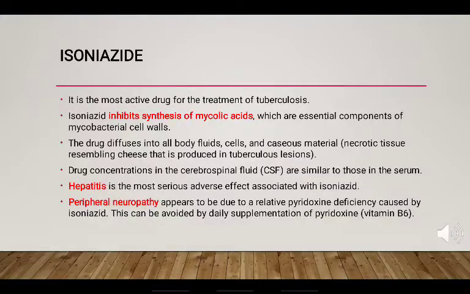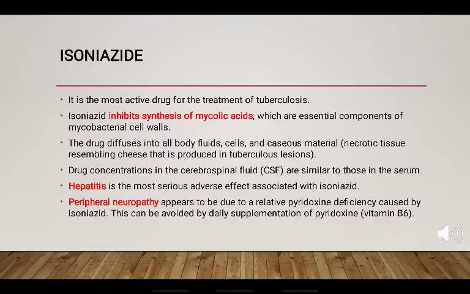The most important side effect of isoniazid is hepatitis. Unfortunately, it can cause hepatitis if it's used for a long period of time, and it can also cause peripheral neuropathy.